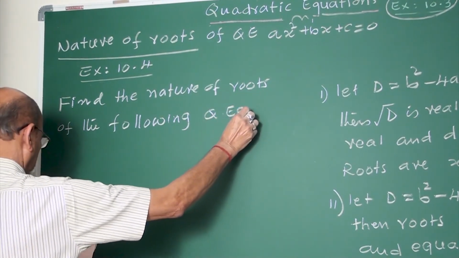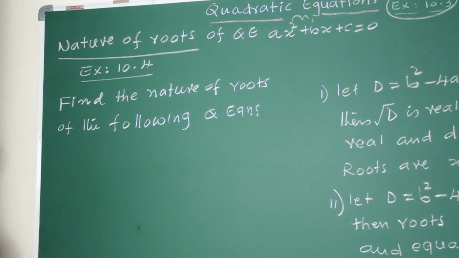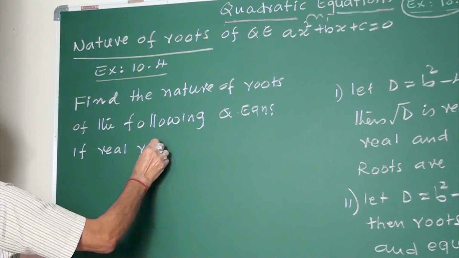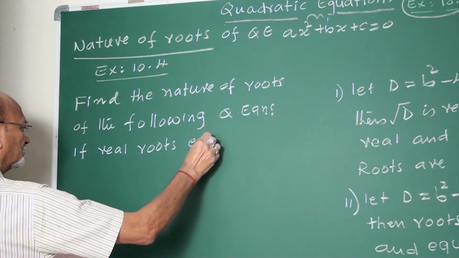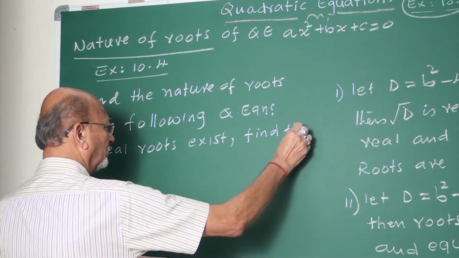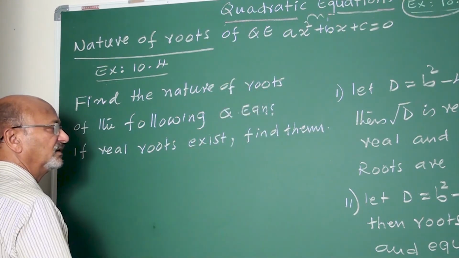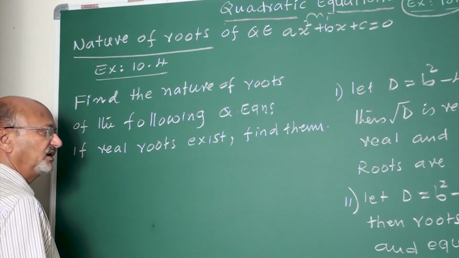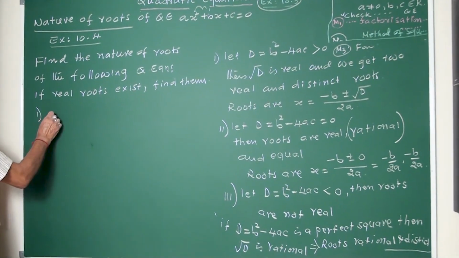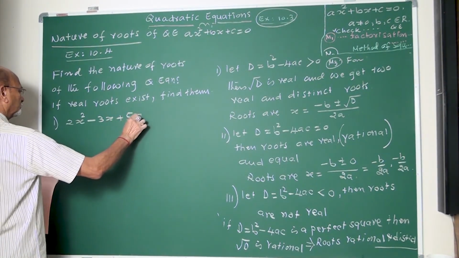If real roots exist, find them. My friends, you must remember this d: d positive, d 0, d negative, d is a perfect square. Remember. First example: 2x square minus 3x plus 5 equal to 0.